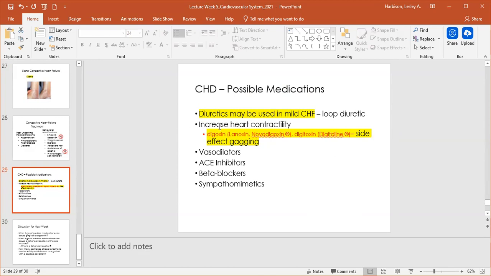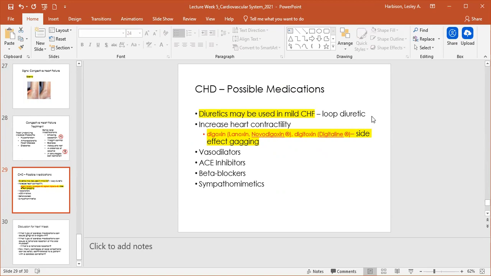But also to increase the heart's contractility, how hard the heart beats, digoxin, digitoxin, or digitalis. There's lots of different ones. Lanoxin, but digoxin is a commonly used name.